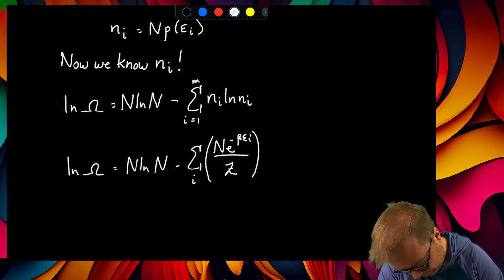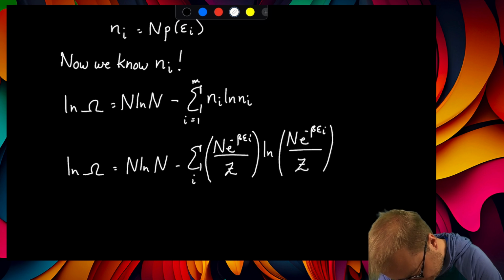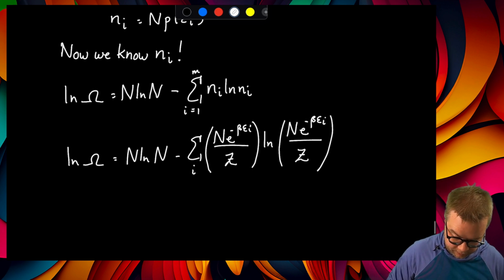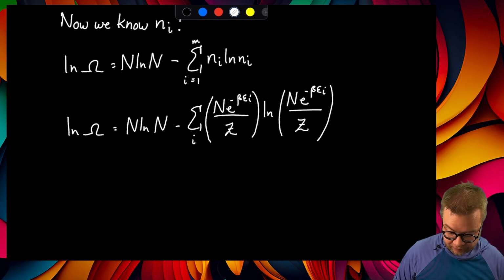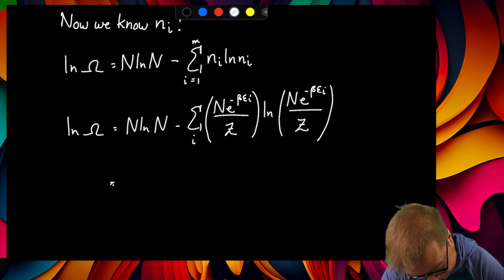And that will be multiplied, of course, by the logarithm of n sub i, which is n e to the minus beta epsilon i divided by z. Okay? We can split this out, right? We've got the logarithm of a bunch of things multiplied and divided to each other, and we've got some constants. The partition function is a constant. The total number of particles is a constant.